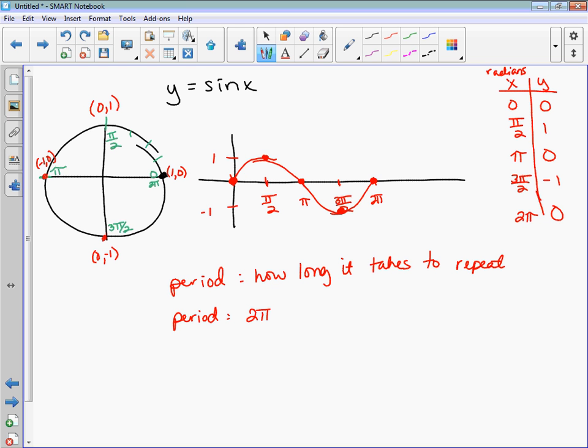That's weird. Yeah, because you have to rewrite thinking of it as y equals cosine of x. Yeah, I know it's a little weird.